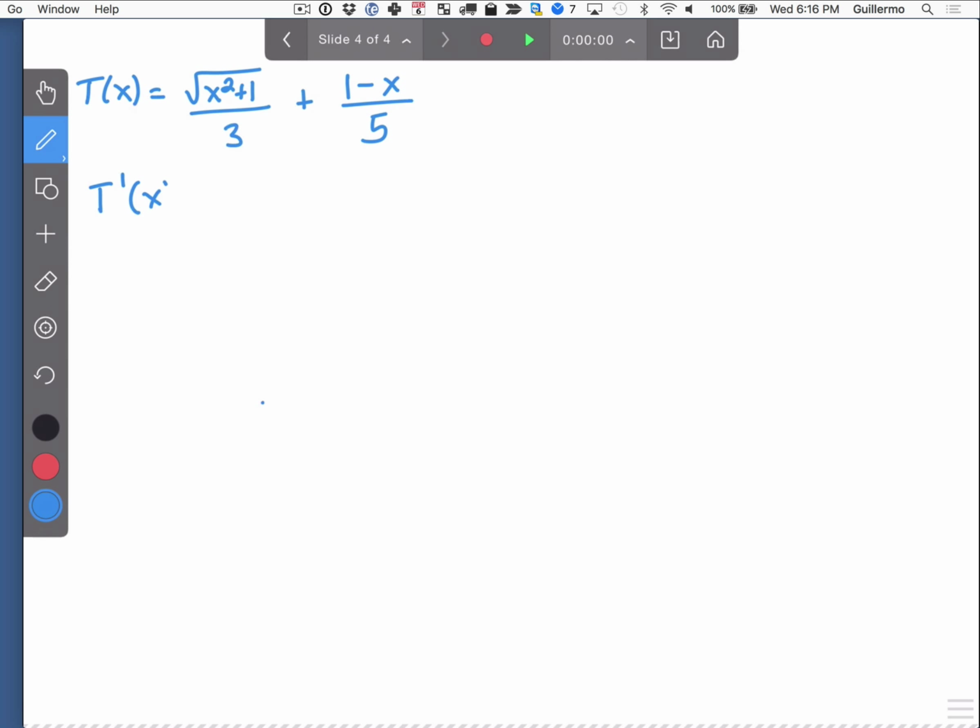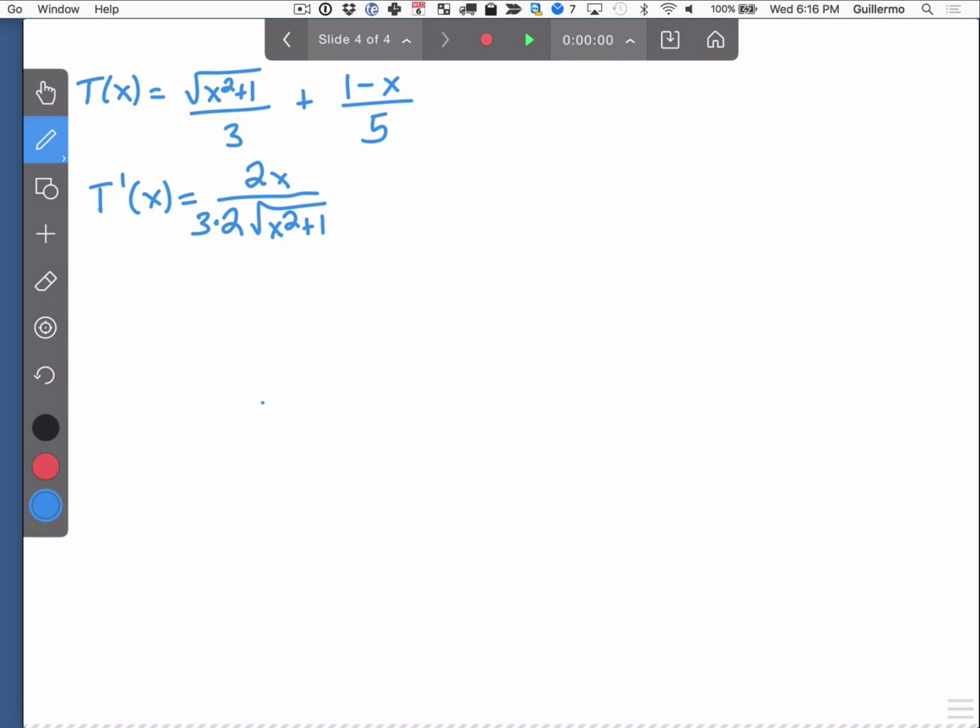So the derivative of the square root of x squared plus 1 is 1 over 2 times the square root of x squared plus 1, and I'll just leave the 3 down there, times the derivative of x squared plus 1, which is 2x, right?